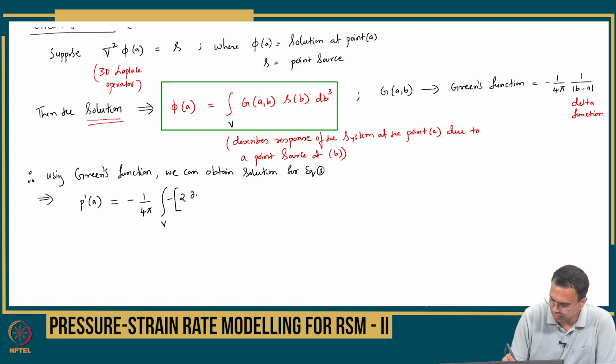2 dou ui bar of B by dou xj. I am writing the mean strain part first here, okay, and then dou uj prime of B by dou xi.